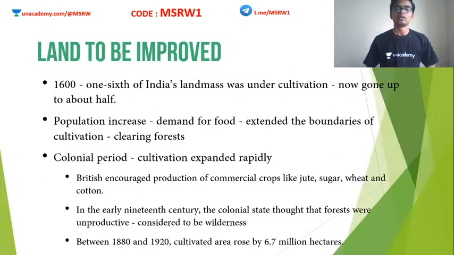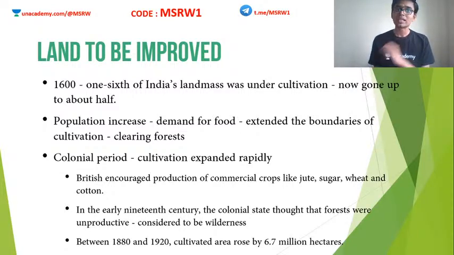Now, in 1600, the East India Company was set up. Remember, 1600 is when the East India Company was set up, and later the British came to India as traders, eventually started grabbing lands, annexing kingdoms, finally establishing the rule of the Company, and eventually culminating with the rule of the Crown in 1858.